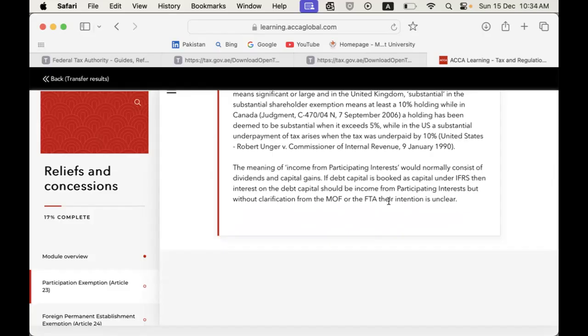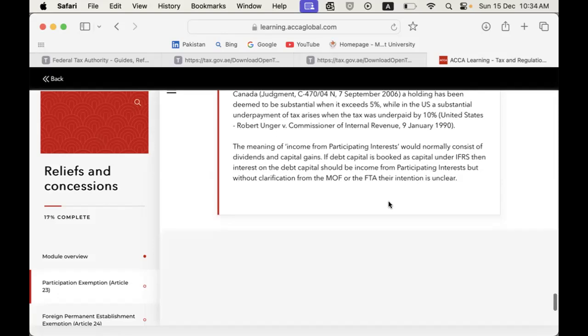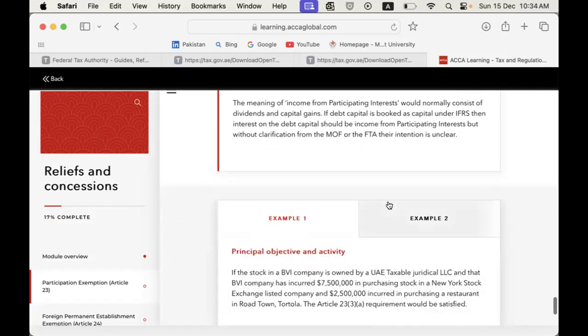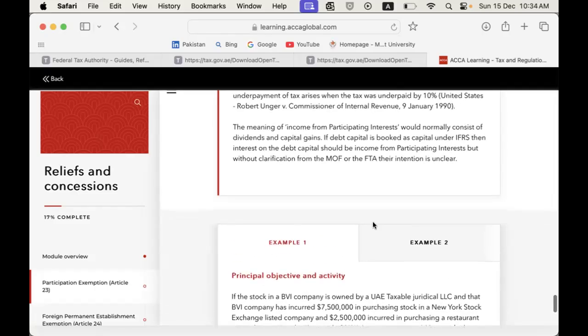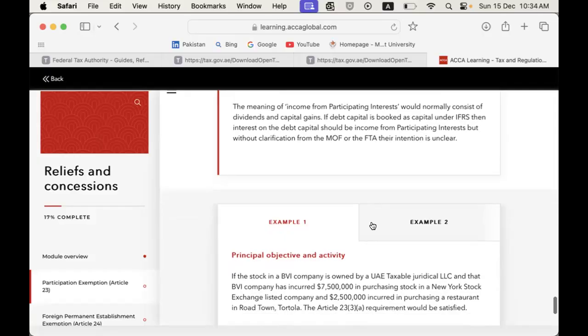The loan from shareholders was booked in the balance sheet as equity interest. So it was not identified as a debt capital, but equity interest. So if there is any payment of interest on such a loan, it will not be seen as interest. It will be seen as basically an equity distribution.